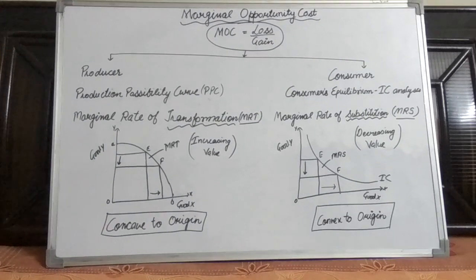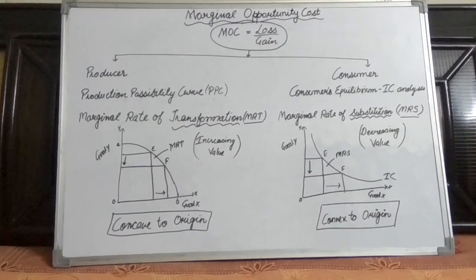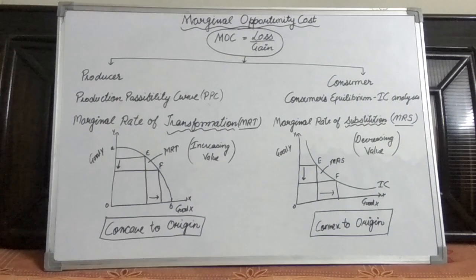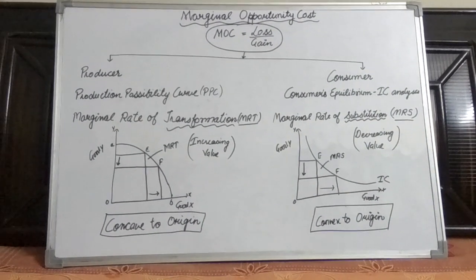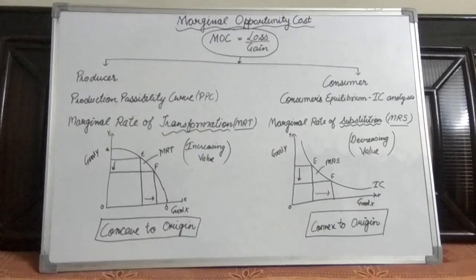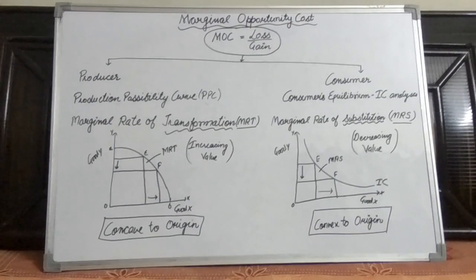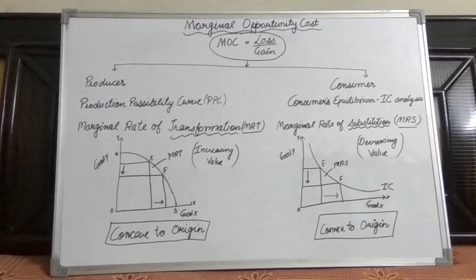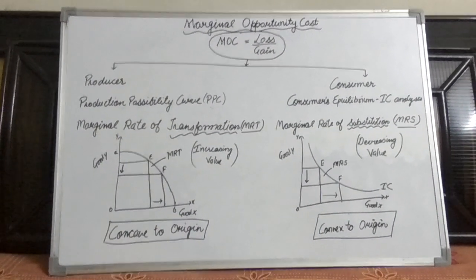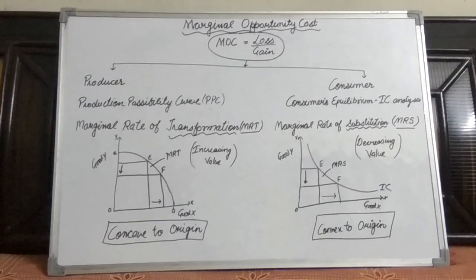So further, MOC has become a base between these two concepts, and it is important to note that the formula to identify the value of MRT and MRS is the same, that is loss upon gain, and due to the different values of these two components, we have received two different shapes of the components.